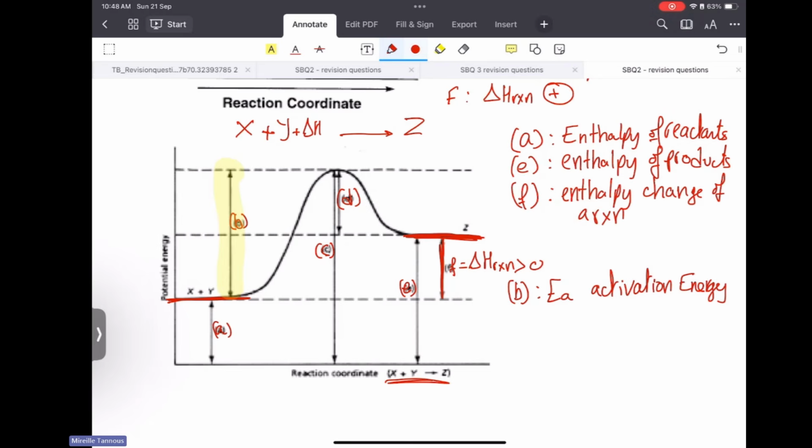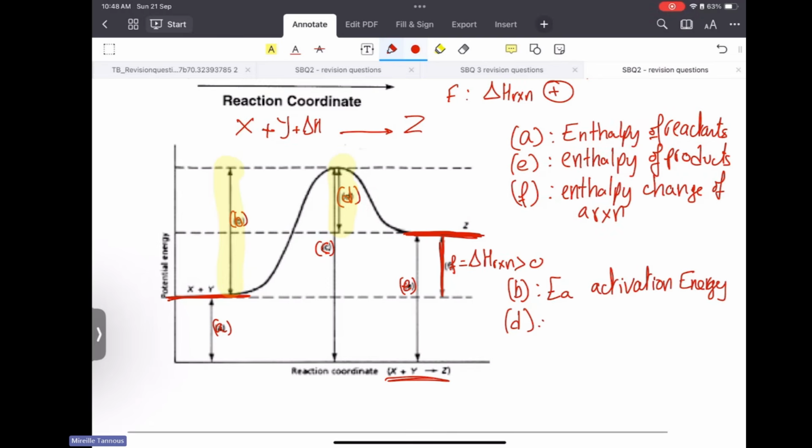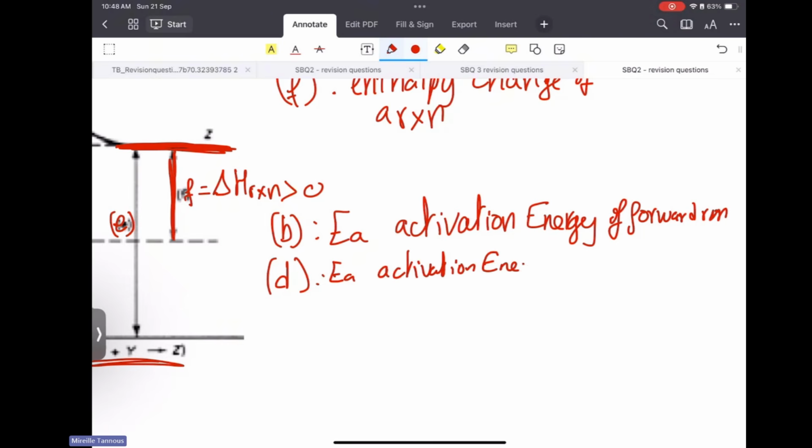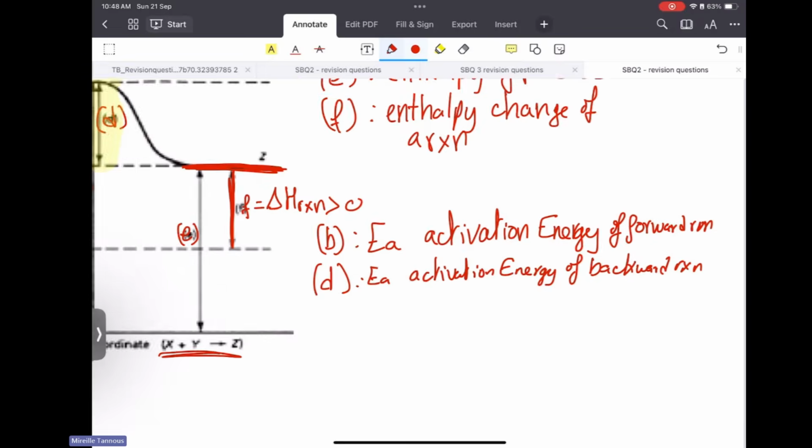Therefore, D is the energy released to make new bonds, and it would be the activation energy of the backward reaction.